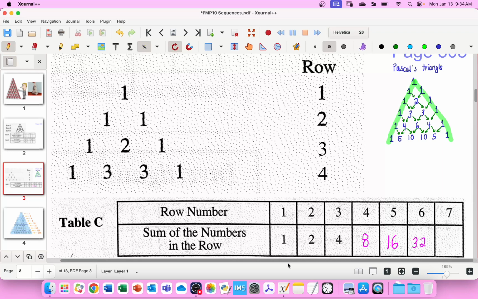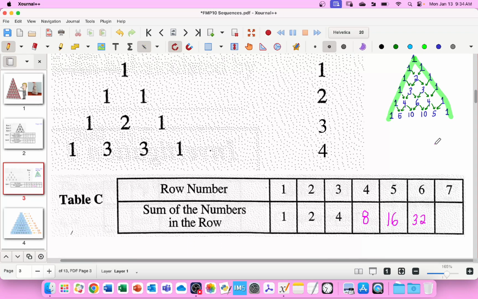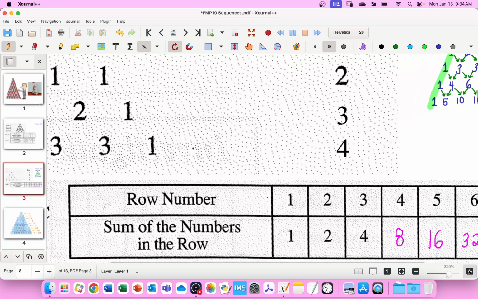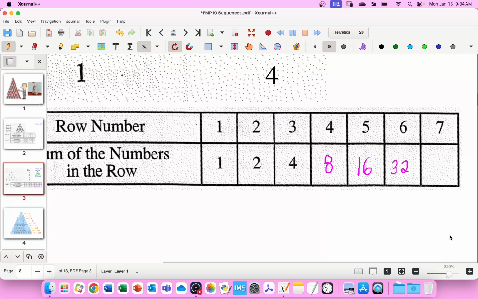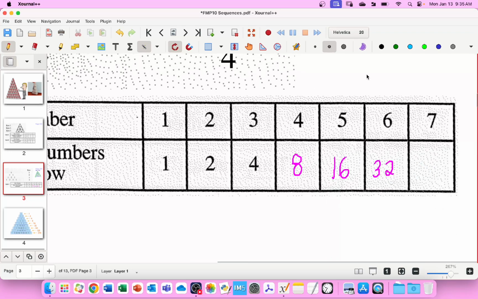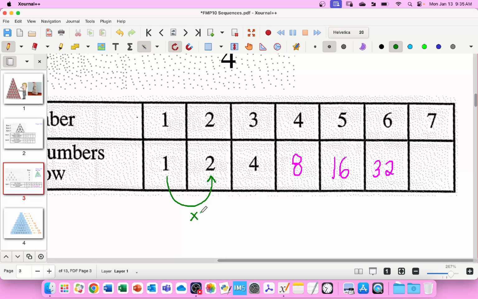So here's the thing. Do I even really need to draw the next row to understand what the sum of the numbers in the 7th row might be? Technically I could, but I can also notice that there's something going on here with this sequence. Hopefully I'm able to notice that these numbers are doubling. To get from 1 to 2, that's times 2.